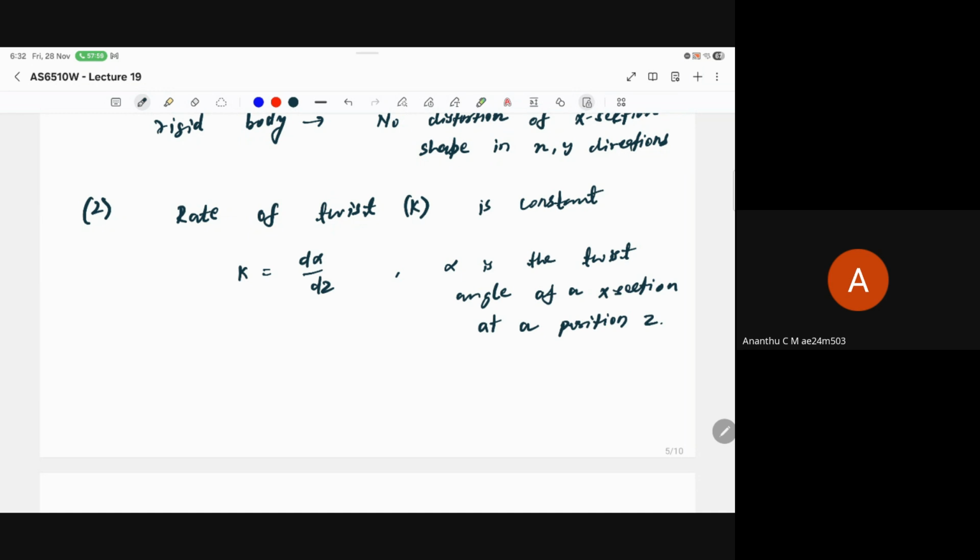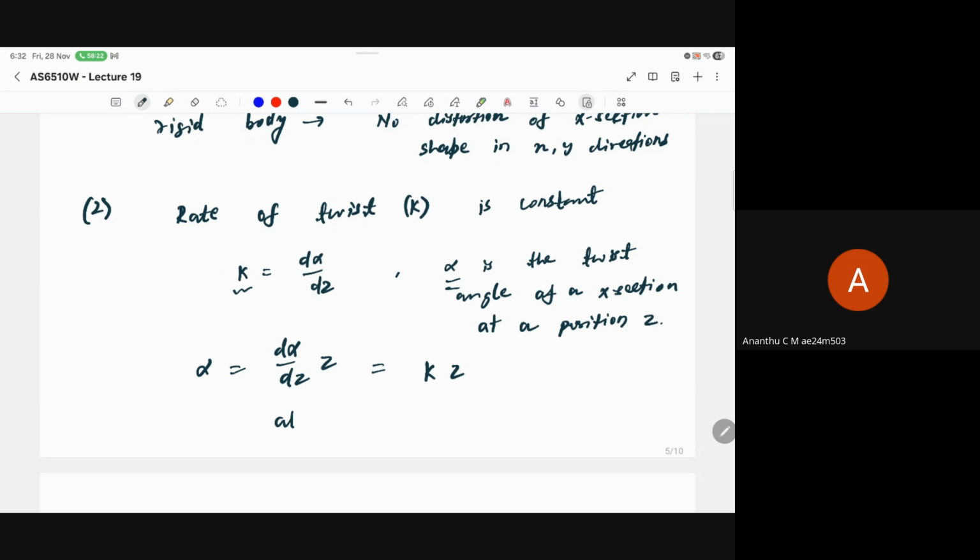So you take a position z along the length. At that position, alpha is your twist. And then the change of alpha with respect to z direction is your rate of twist. Okay. So alpha is your twist angle. This is basically equal to d alpha upon dz, which is K, into z.